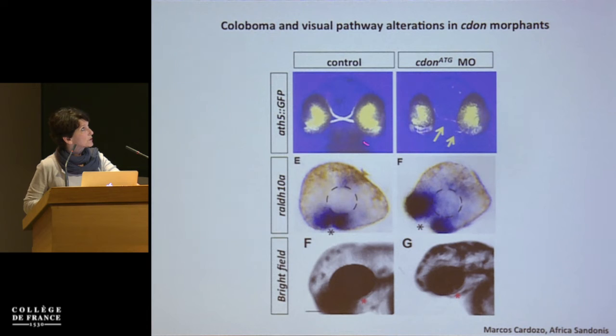This defect over here is likely due to the coloboma phenotype, but they just give me a reason to link with the next aspect that I would like to talk about, that is how sonic hedgehog moves instead in the formation of the visual system.